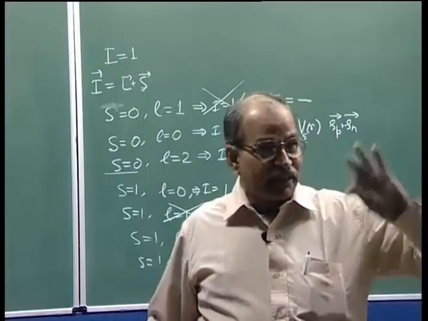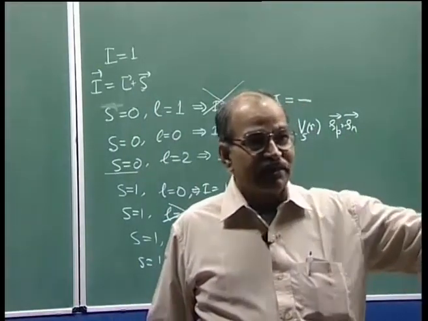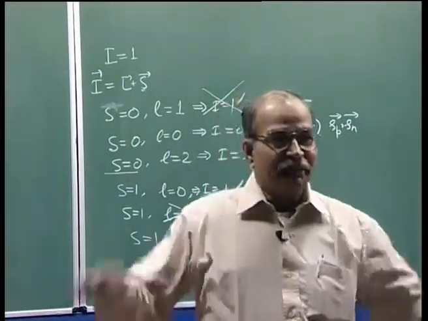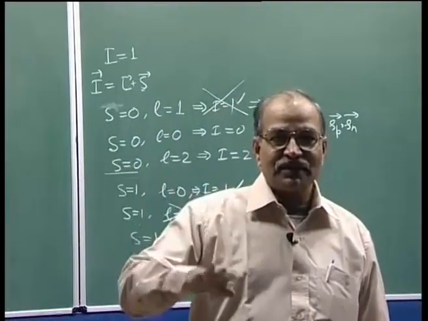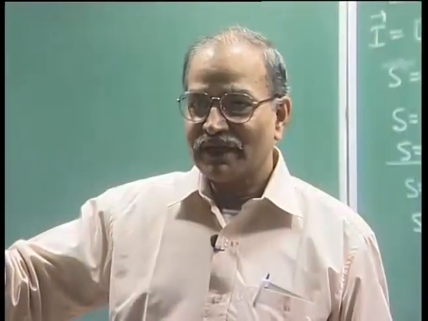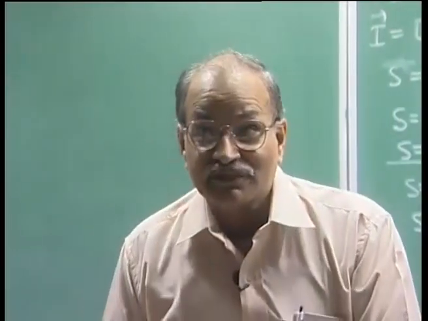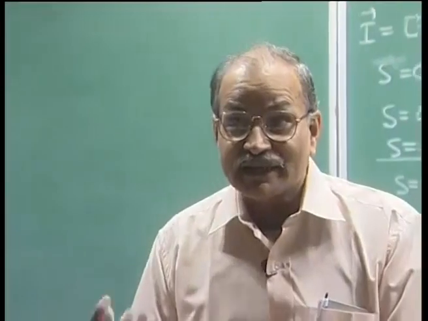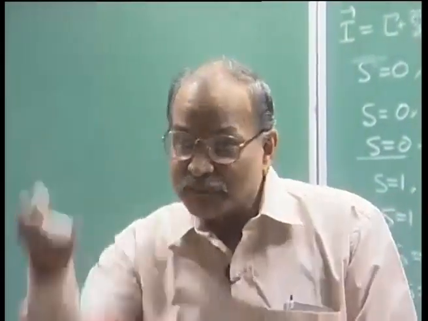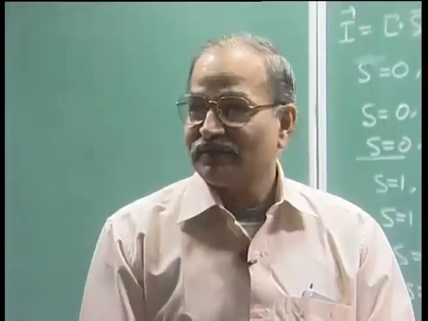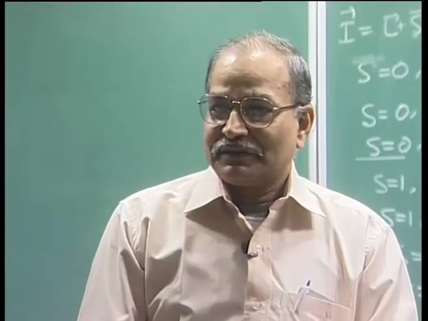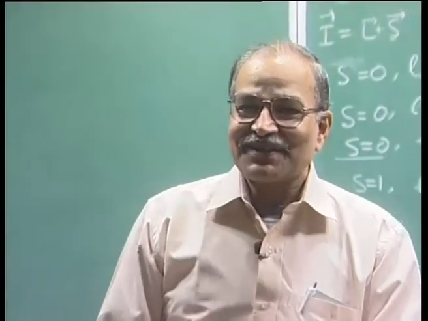Suppose you have a potential which corresponds to capital S equal to 0 and a potential which corresponds to capital S equal to 1, right. Of these two, which one is more attractive? The attractive force is stronger, or the depth of the well is deeper, capital S equal to 1 or capital S equal to 0?